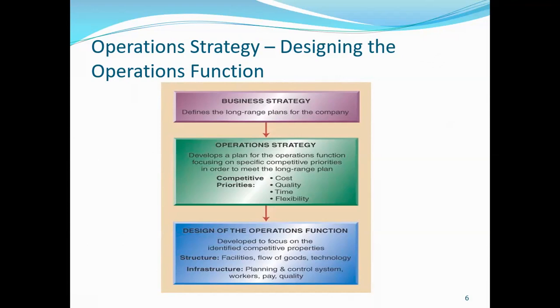The related infrastructure will be the planning and control system that we're going to use, workers, the pay system, the quality. These are part of the operations function. And that's how we can design the operations strategy, and from there we can design different operations functions or different areas.